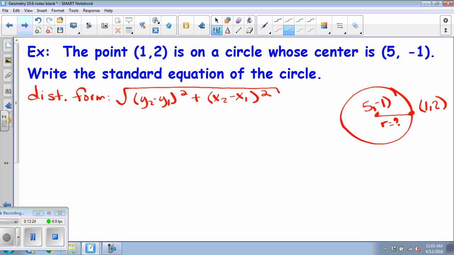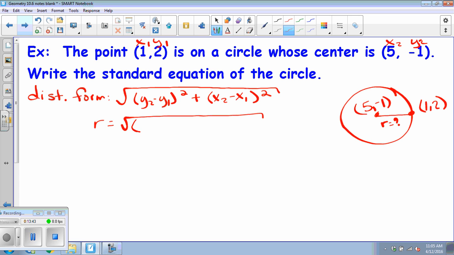Okay, so we can use the distance formula to find the radius. So, radius equals square root of... We'll say this is x1, y1, and we'll call this x2, y2. Okay?